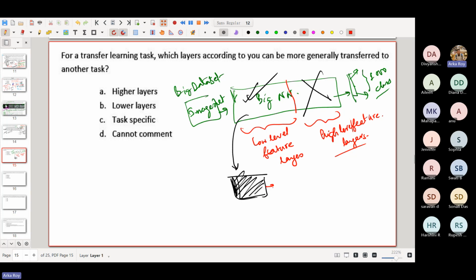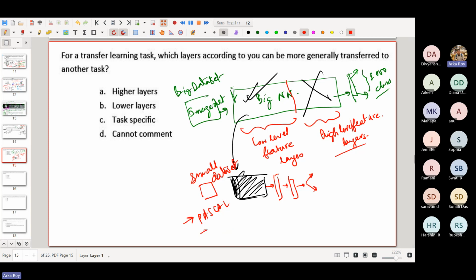Then what you do, you initialize your own high level feature layers and do the classification on a very small data set like Pascal or Iris. Even Iris you cannot do actually, because Iris just has some sort of vector representation.